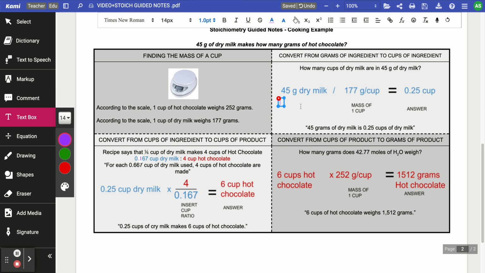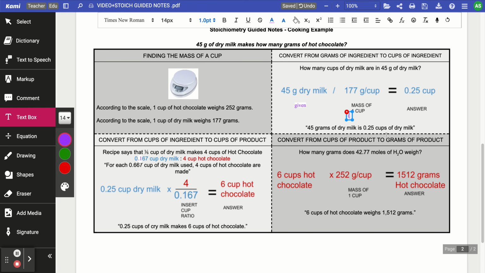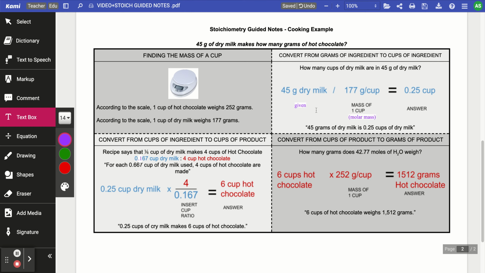If I have 45 grams of dry milk, which is the given thing, this is what you start with, I'm going to multiply it by the mass of 1 cup. This is what your molar mass is. So what I'm saying here is that 1 cup is 177 grams.